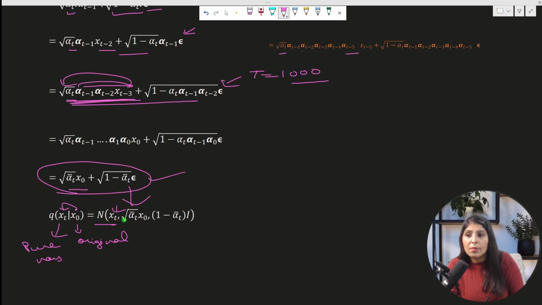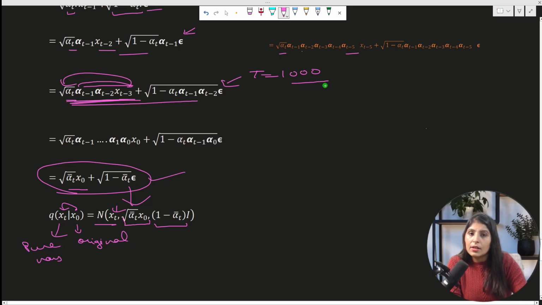This will be the output image, and this is the mean, and this is the variance, and using this you will get the image which will be pure noise. And guys, this is what the forward diffusion process is. That's it. We are not training our model over here, we are just using this formula, and using that normal distribution we are just adding some amount of noise at each step.